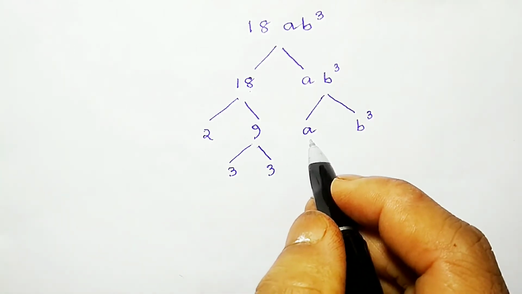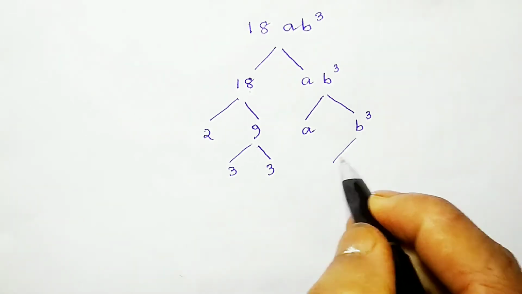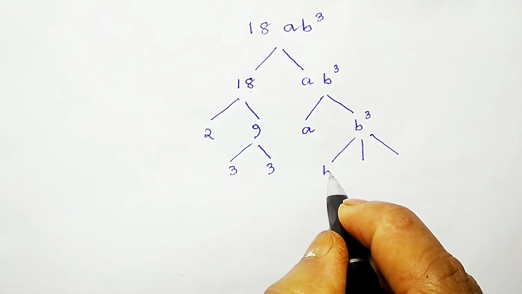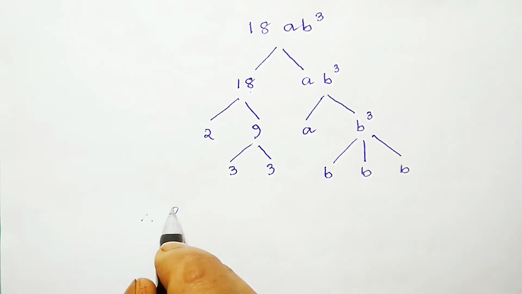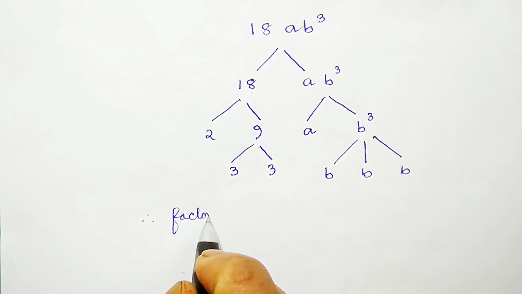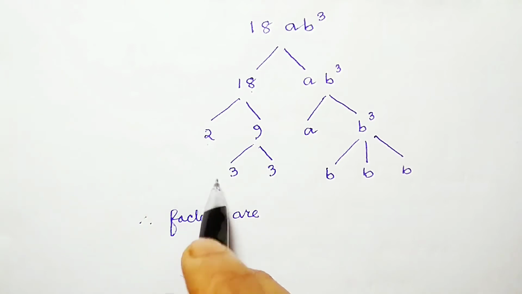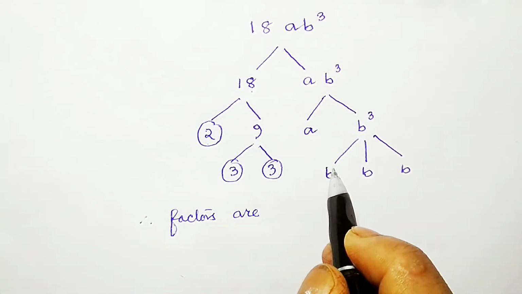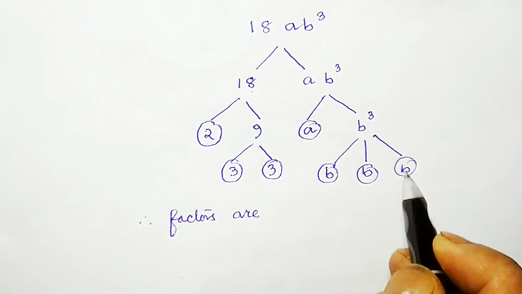Here a also cannot be further divided. But this b cube, I can write as b into b into b. Therefore the factors are 2, 3, 3, a, b, b, b.